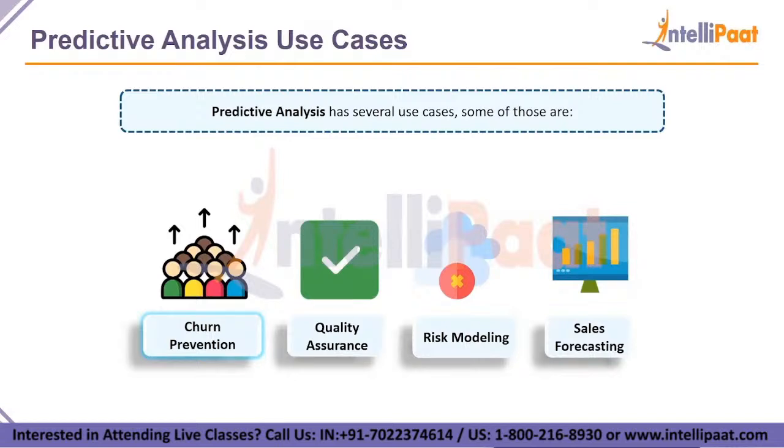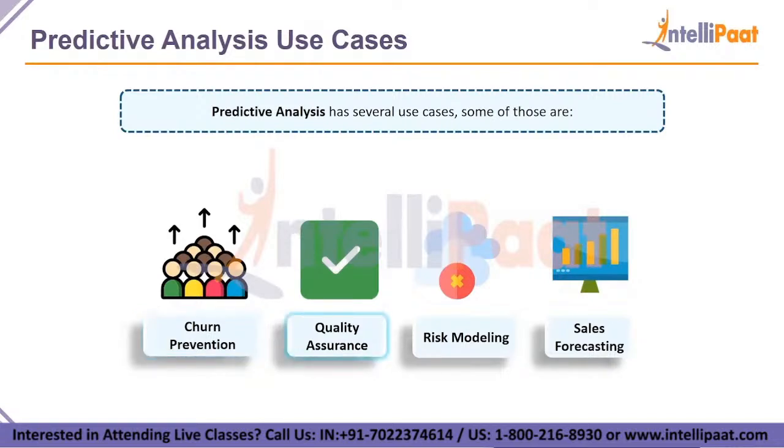So based on customer usage, you can figure out whether or not the customer is deviating away from your service, and using that you can offer up new services. You can ask them what could be improved. You could even offer them offers that would help entice them and keep them in the service for a longer period of time.